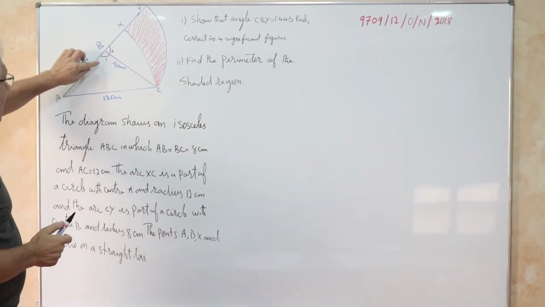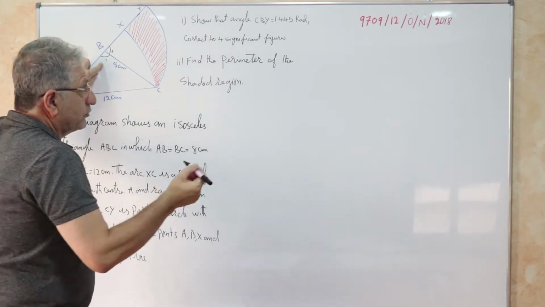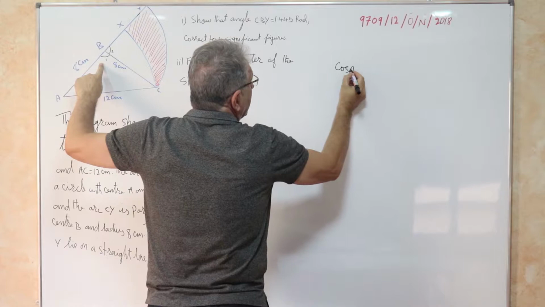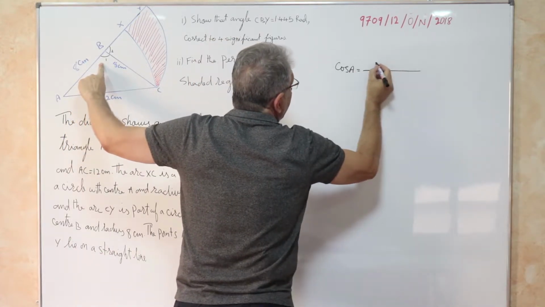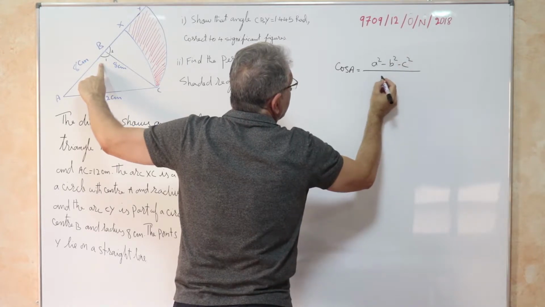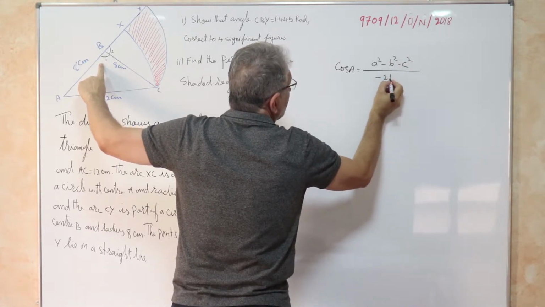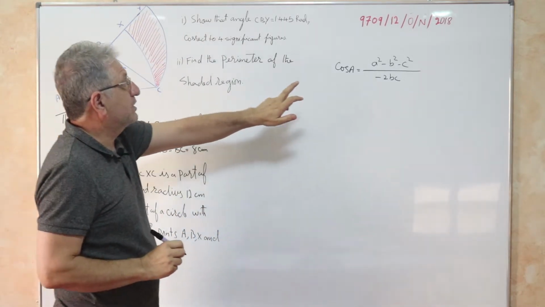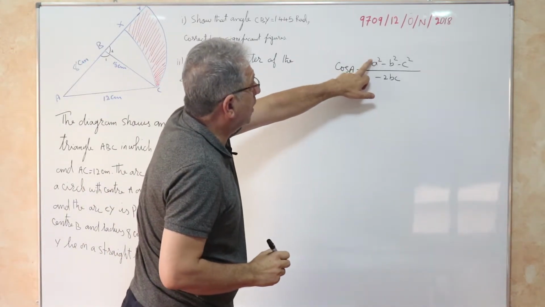Okay, I'm going to write the cosine formula. If you have forgotten, the cosine formula is cos A equals b squared plus c squared minus a squared, or equivalently, a squared minus b squared minus c squared divided by negative 2bc. You have to remember that if this is the angle, this is the opposite side.